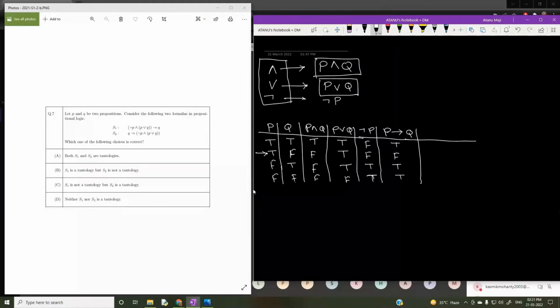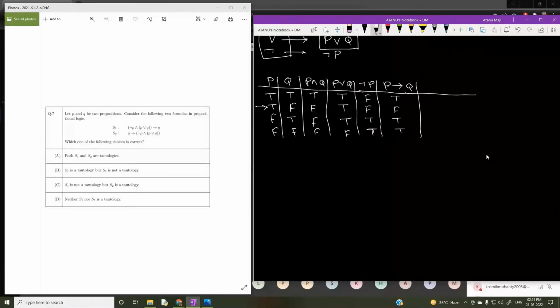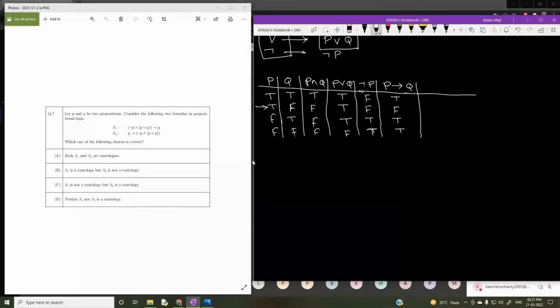Now, the next thing we can get is the biconditional. But before we go there, a few things you should remember from here. Here for P conditional Q, we have used one connective, but as I told you, the three basic connectives are conjunction, disjunction, and negation. So there must be some formula or law which can break this conditional connective into a simpler form. And one such law is called the conditional law.